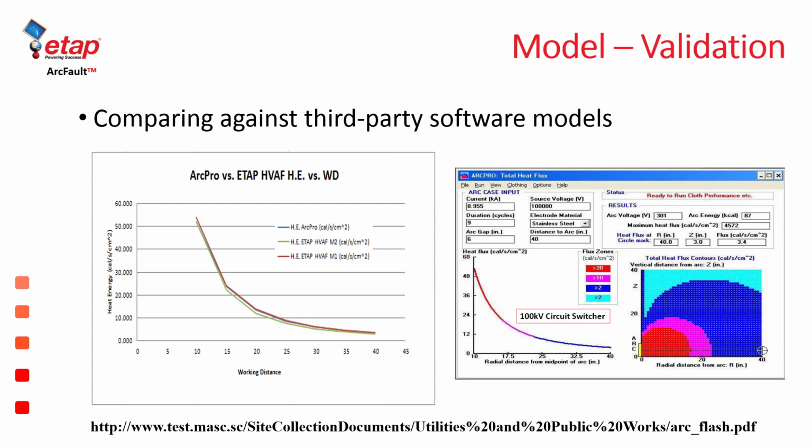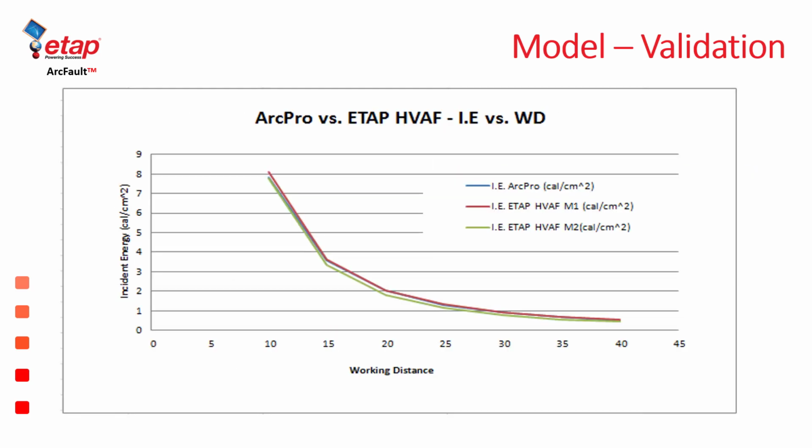This chart on the left-hand side shows the heat energy or the heat flux in calories per second per centimeter square. Here's another example, and in this case we're actually using the incident energy for different fault durations. Again, at different working distances, both models provide literally interchangeable results within any kind of conservative safety margin.